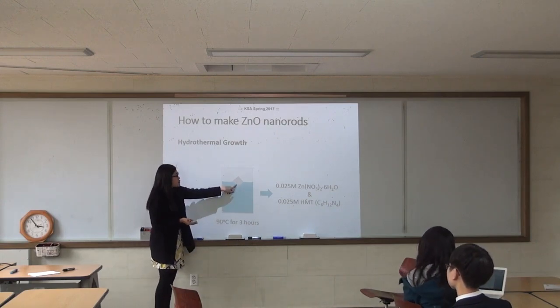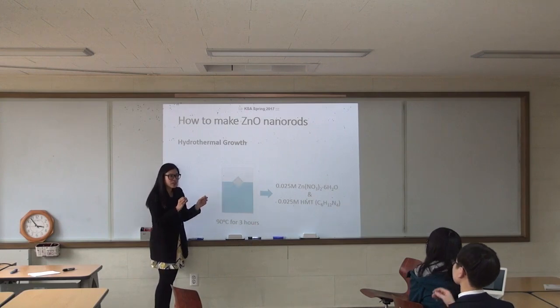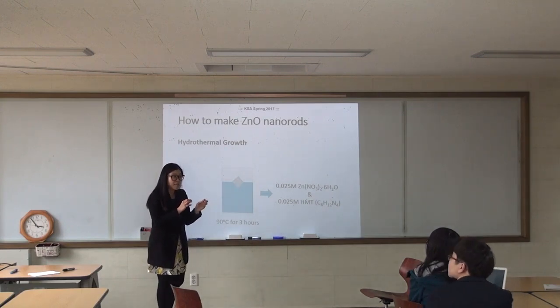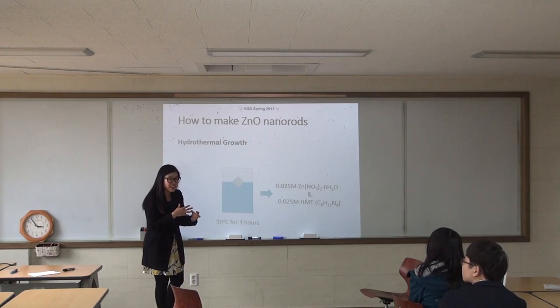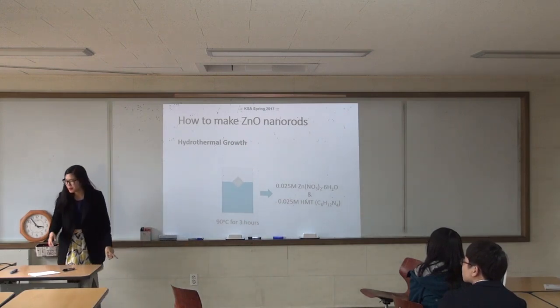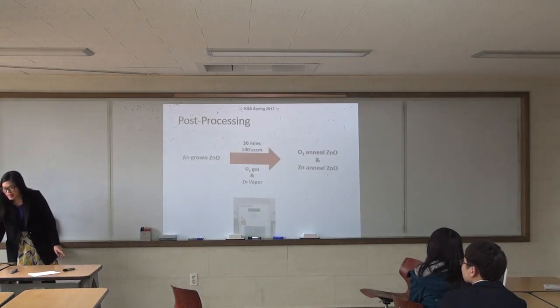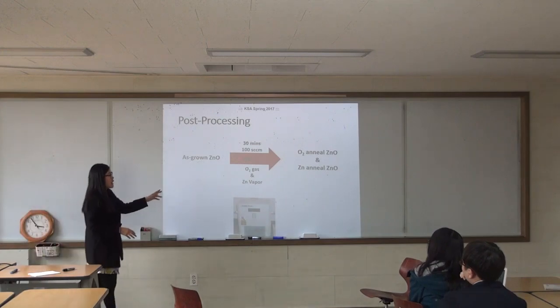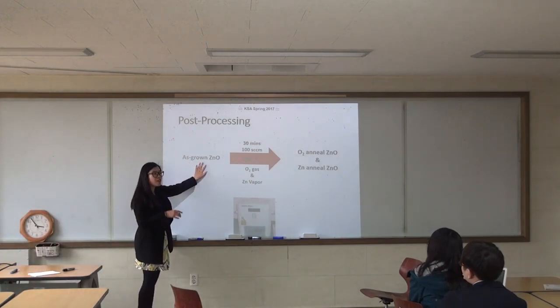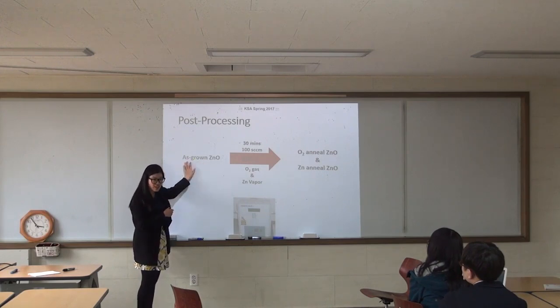Okay, and the substrate that I use is sapphire, because its crystal structure matches with zinc oxide. After I grow zinc oxide from the hydrothermal method, we call it as-grown zinc oxide.